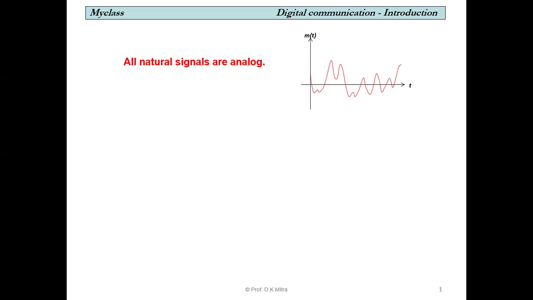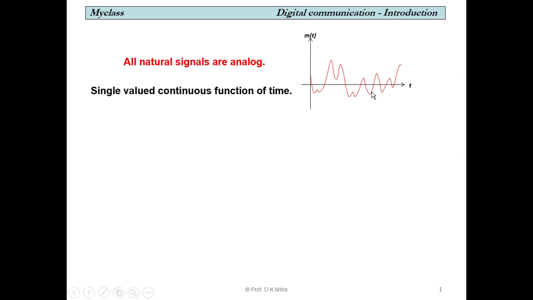Like this, it's actually an analog signal. There's a time axis and a signal strength or signal amplitude axis. It's continuously time varying. It's a single valued function, a continuous function which varies with time.